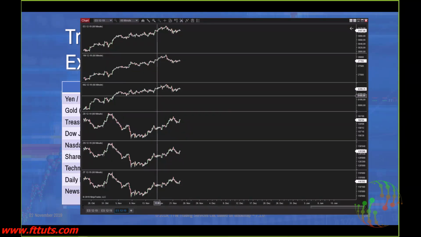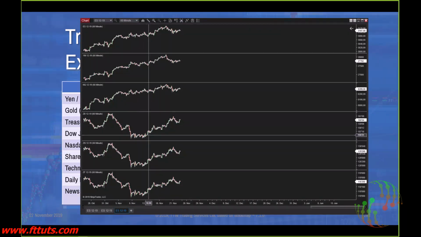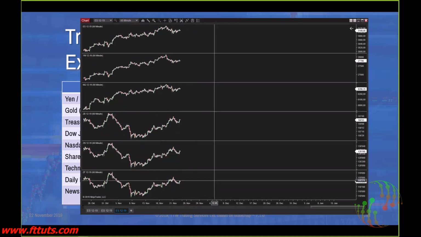And on the other side we have soaring treasuries here. This is the state of the markets at this moment, 1 hour before they open. We see weakness all over in the US.